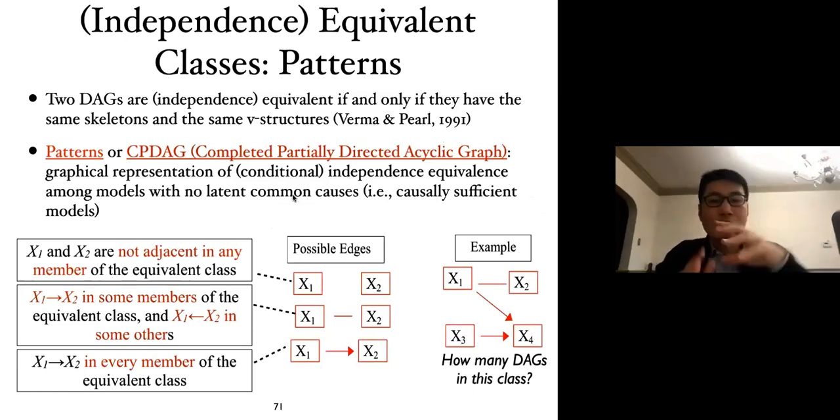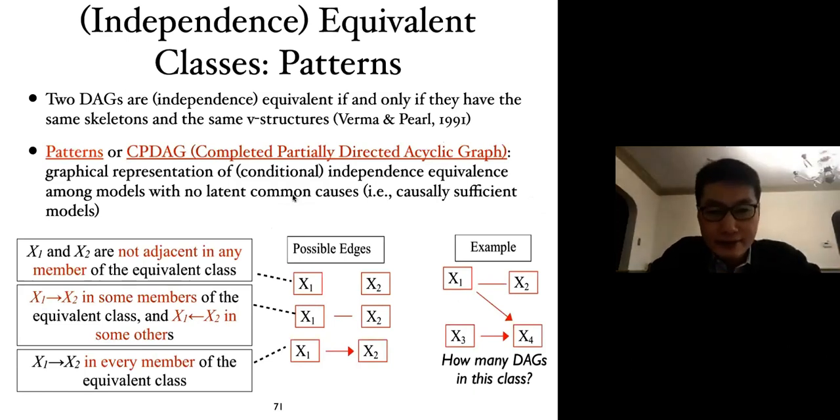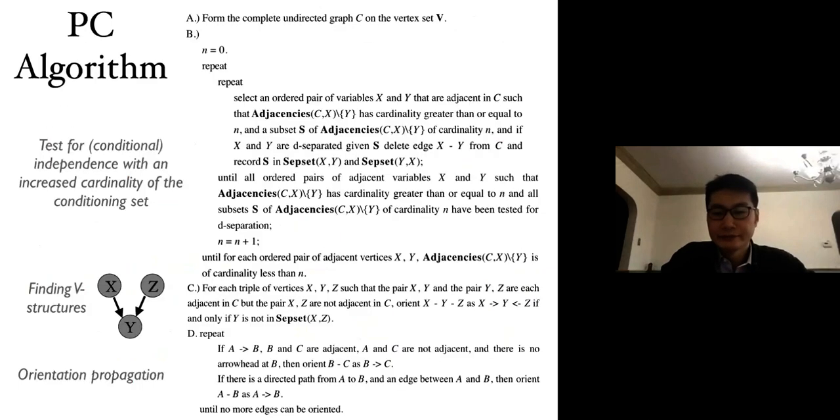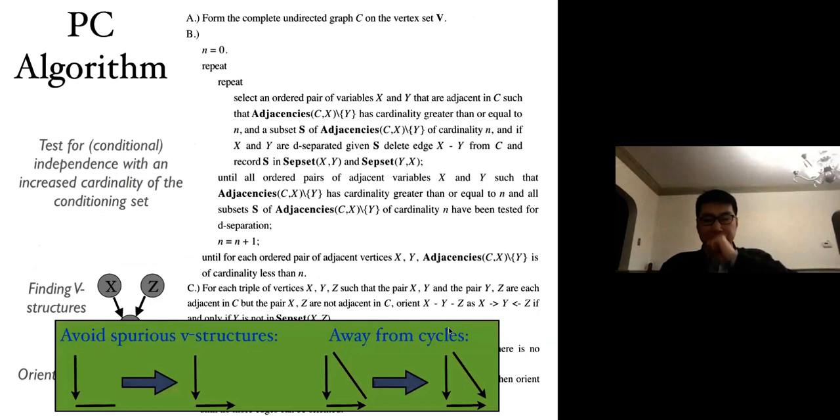Is the away from cycles example, isn't a spurious V structure created? Okay, let's go back. So here, if you have this edge, right?